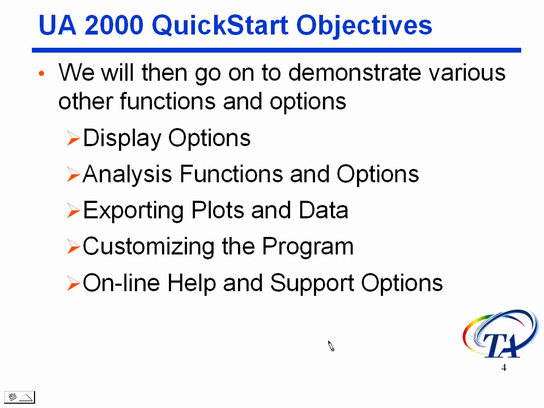Displaying the data, getting the data to look the way you want it; analyzing the data, analyzing the transitions that might be on the curve; and then once you do that, you want to get the plot and the data analysis results out to some other media, whether it's a printed page or a Word document or a PowerPoint presentation or what. All right. And then we'll finish up with a discussion about how you can customize the program to suit your own needs. And then we'll finish up with some talk about some online support options.